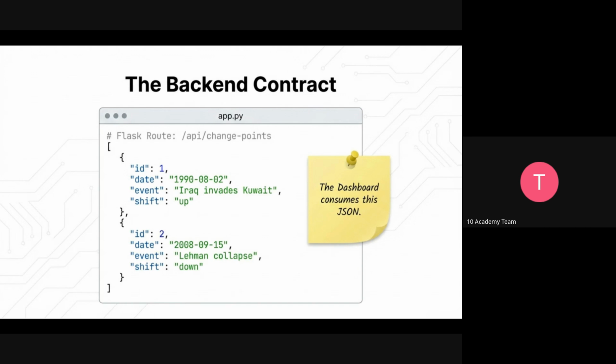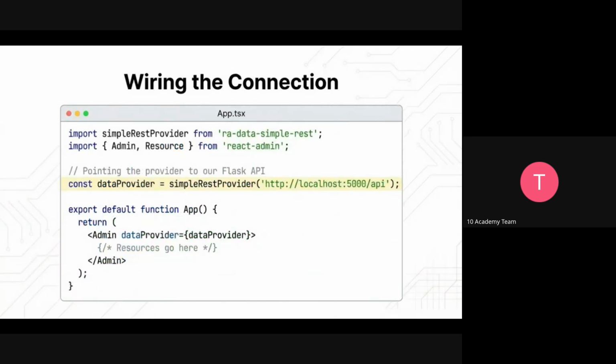Once you have defined this in your backend, then on the front end, we'll be creating the connection. The connection in this case is just a simple REST provider. It takes in your backend URL, which currently is just going to be localhost, and it takes in the endpoint. Then this data provider will be passed to the components that you are going to be building.